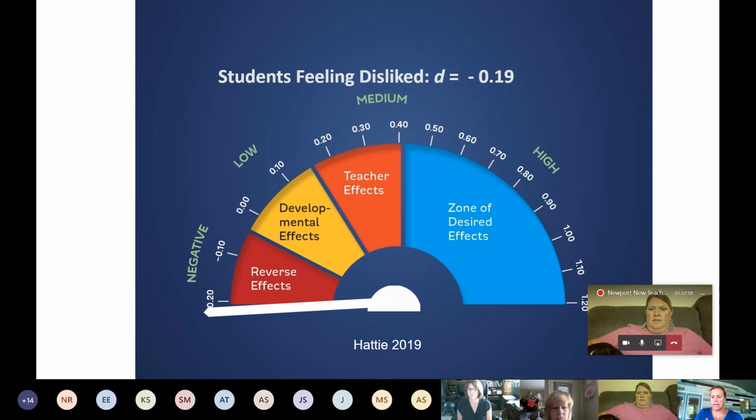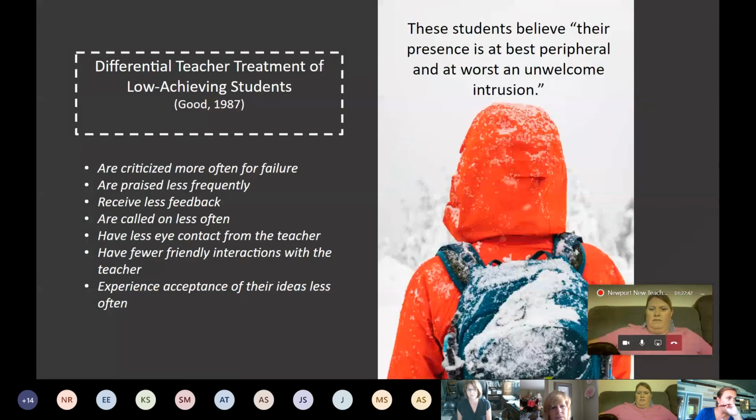Because we're always trying to close that gap and help our kids learn as much as possible. There are very few things that can have a negative impact, and one of them is students feeling disliked. We don't want that for anyone, so we want to think about how we prevent that from happening. That could be feeling disliked by their peers or even disliked by a teacher.